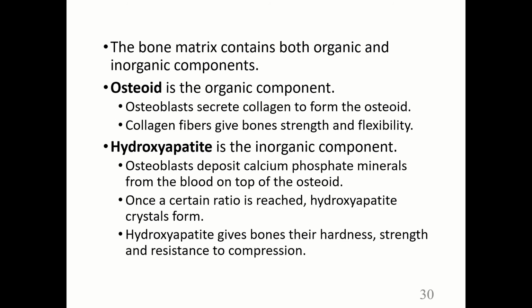The hydroxyapatite is formed when osteoblasts deposit calcium phosphate minerals from the blood on top of the osteoid. Once a certain ratio is reached, hydroxyapatite crystals form, kind of like ice forms from water at a certain temperature. Hydroxyapatite gives bones their hardness, strength, and resistance to compression.